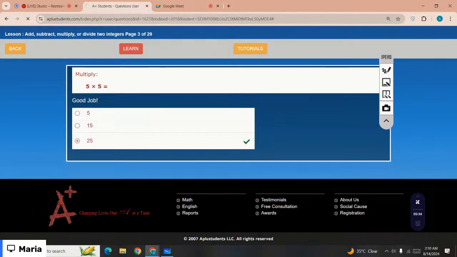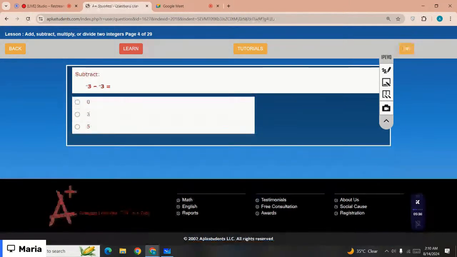The next one is negative 3 minus negative 3. Which is the correct option?